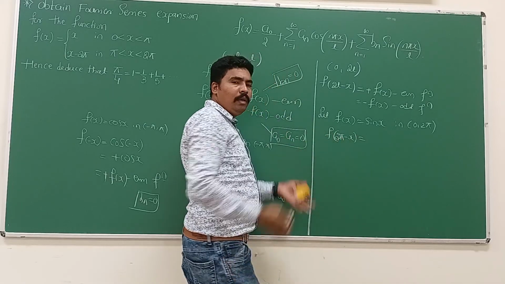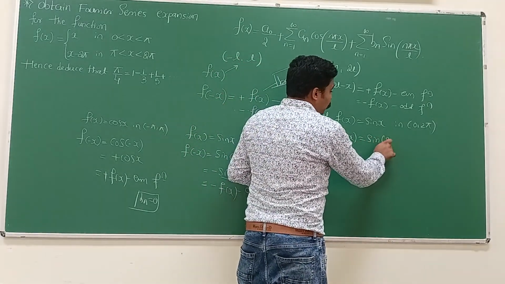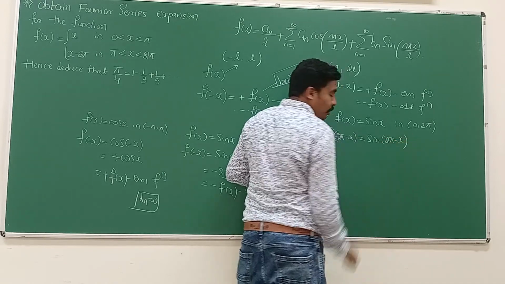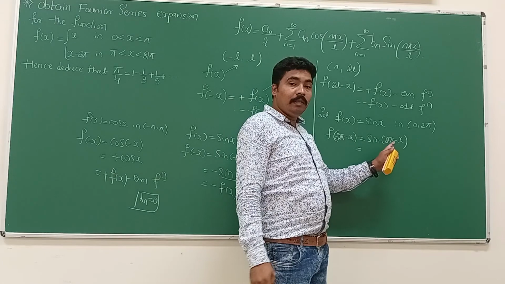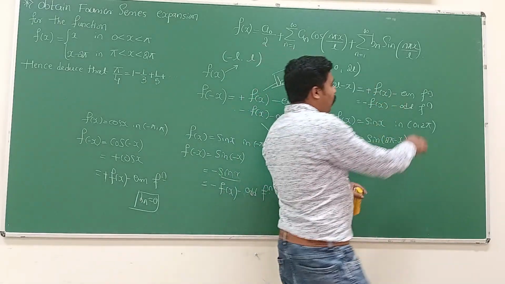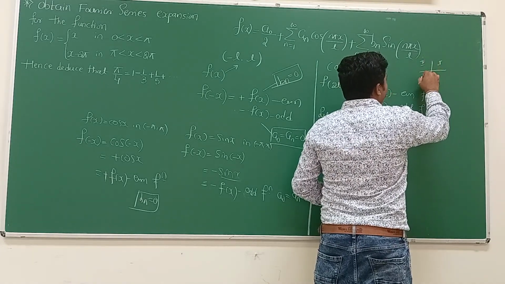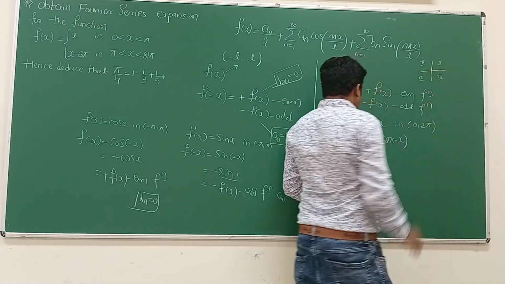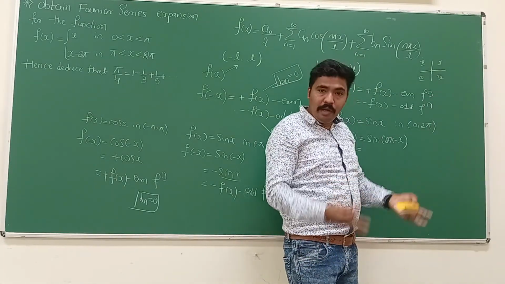So what happens in this? Sin of 2 pi minus x. Sin 2 pi means 360, so sin of 360 minus x. When you draw the trigonometry quadrants, first, second, third, fourth, 360 minus x is in the fourth quadrant where sine will be negative.